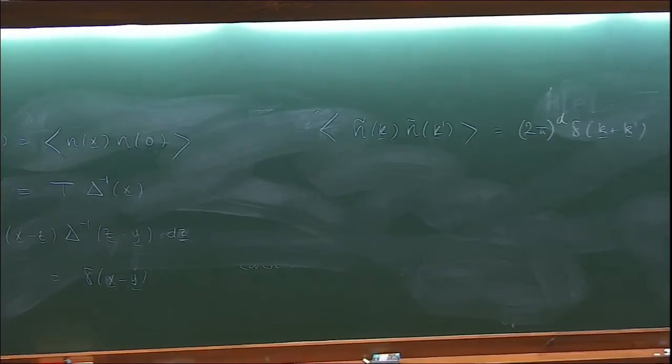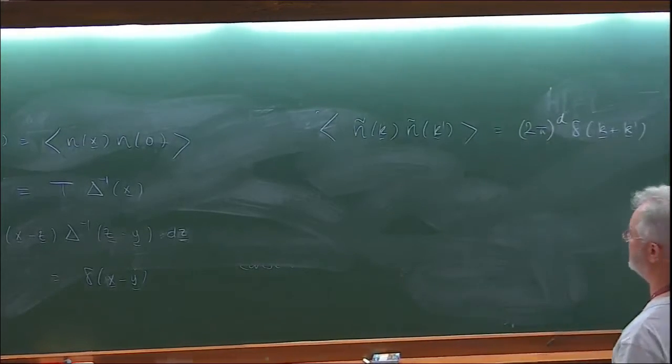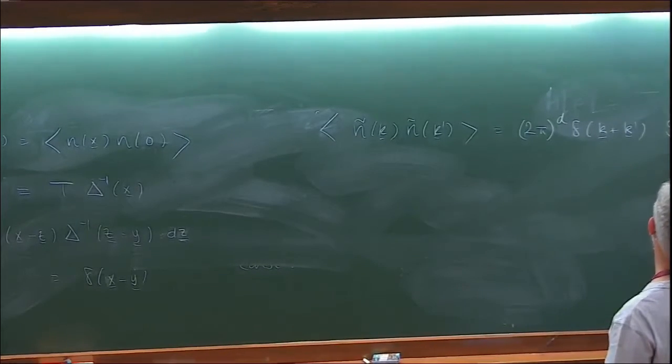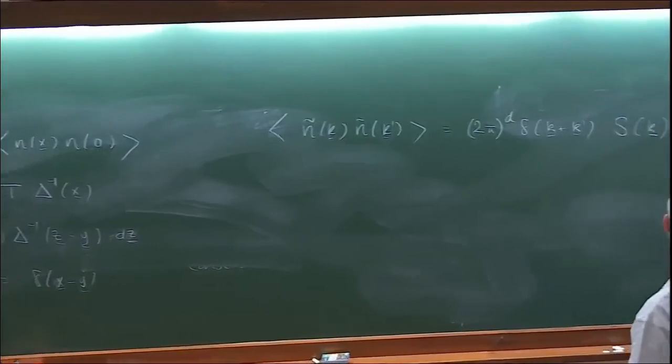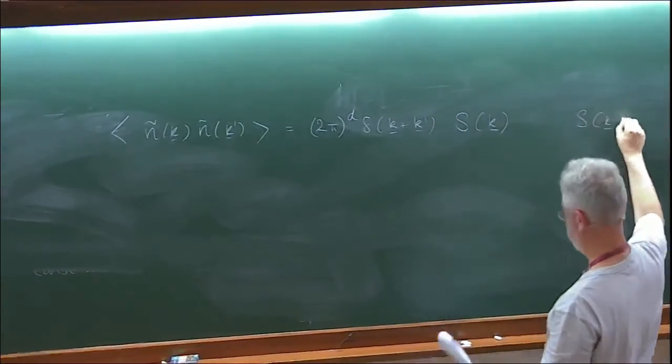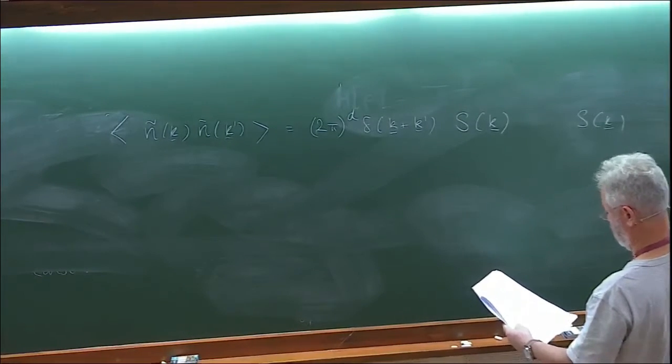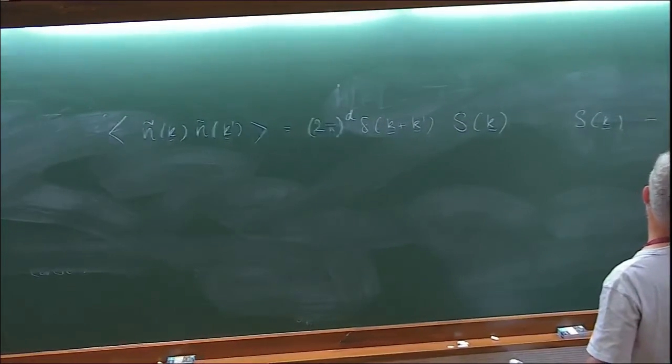It comes from the fact that the correlation function just depends on a single coordinate, right? It's the invariance by translation in space. So this is because we have a spatially translationally invariant system. And so you have this, and then this is S of K, okay? So this S of K is known as the structure factor.